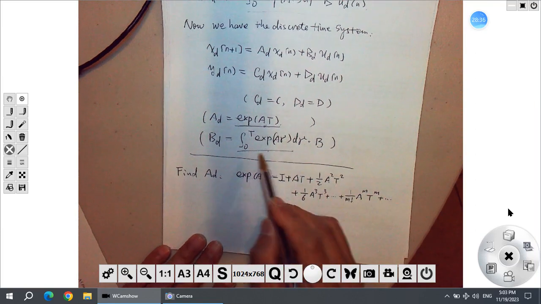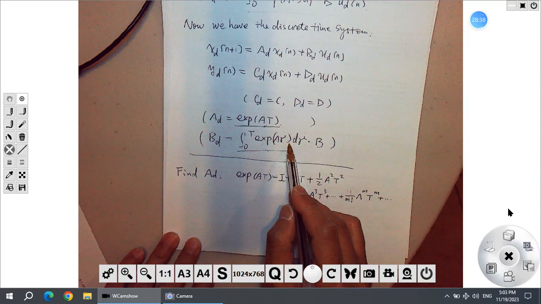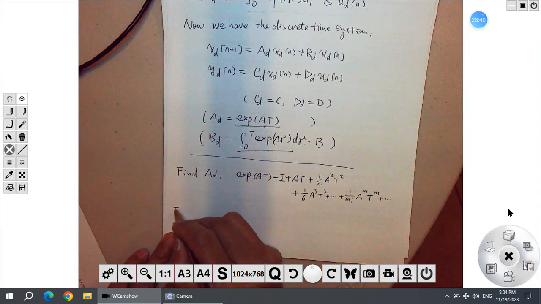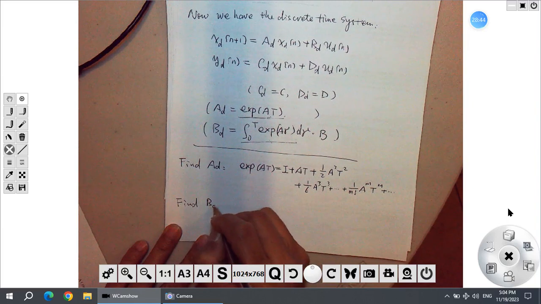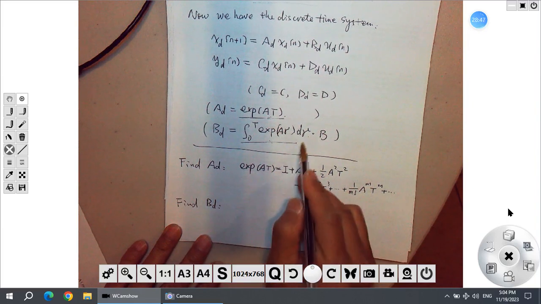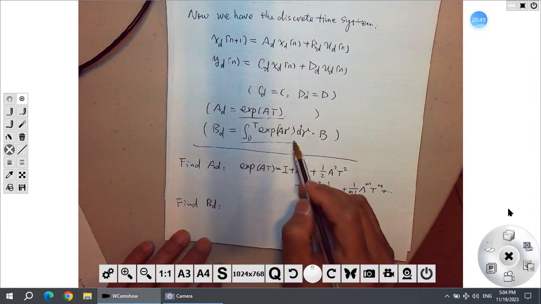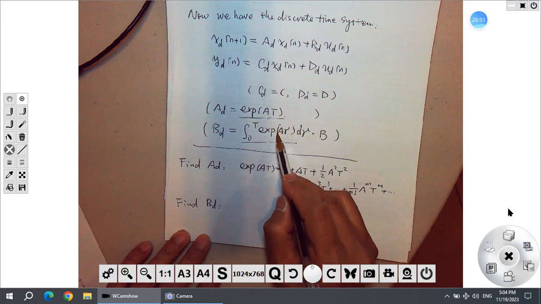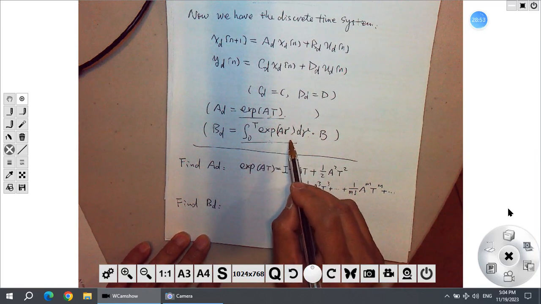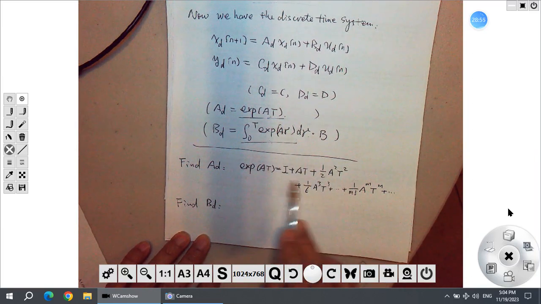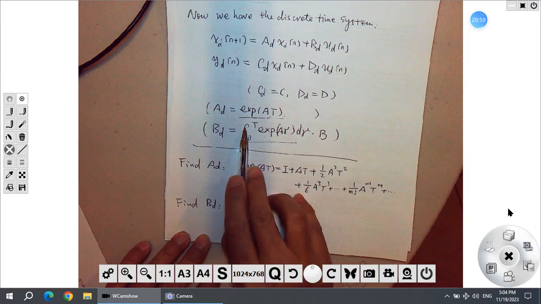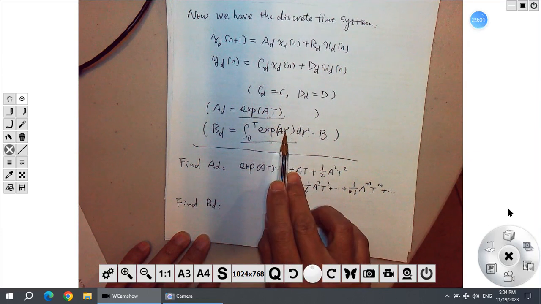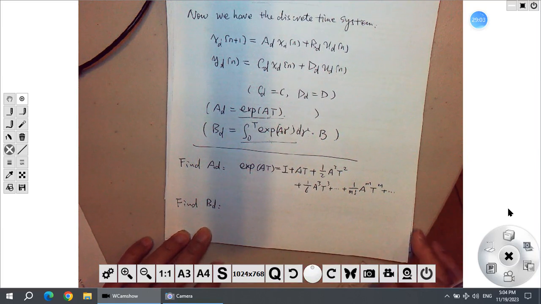And then the second one, what is it? Okay, find b_d. Basically, we need to find this integral. And this integral, we know the exponential power, we can write it as a series. And each term in the series is integrated, where the variable is this gamma. So we can have this.